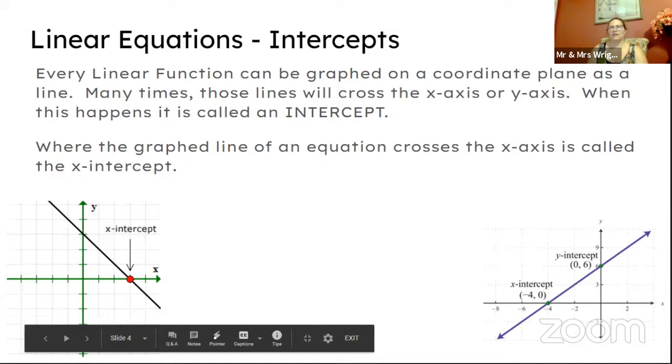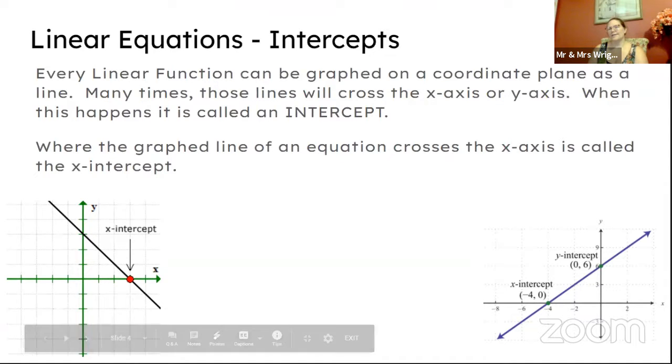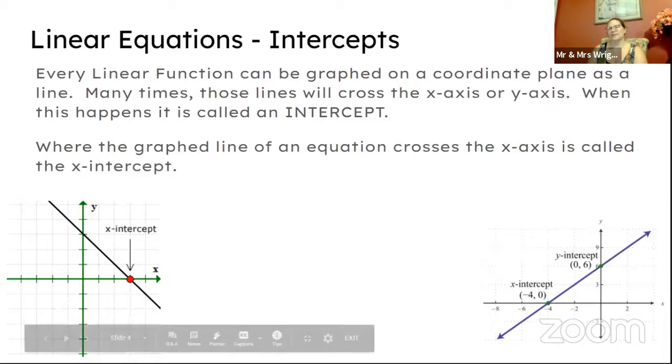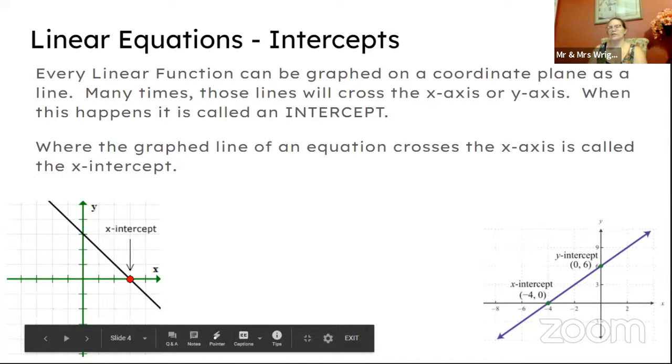If you notice, on this one, I have the coordinate point listed out for us. It is (0, 6). When you're looking for a y-intercept, you're looking for the y number, so you always put in 0 for the x. Same with the x-intercept. When you're looking for an x-intercept, you're looking for the x value, so the y is always going to be a 0.